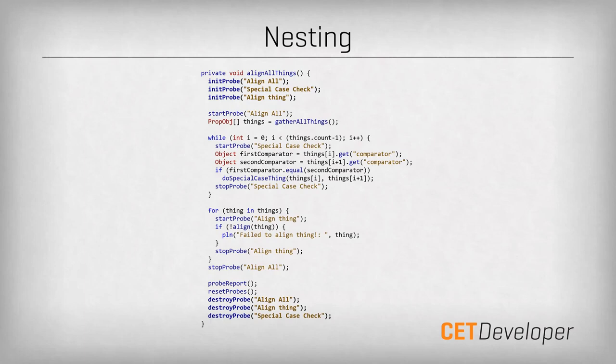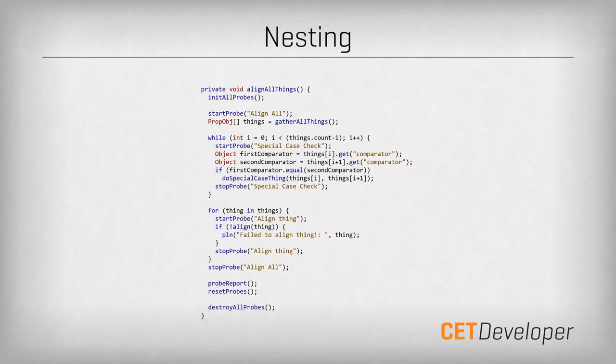For one, instead of initializing and destroying each individual probe, we can use these all functions, init all probes and destroy all probes. What this does is it sets a kind of global flag that says, consider any get probe to be initialized. So when you call start probe, it doesn't really ask if this specific probe is initialized.